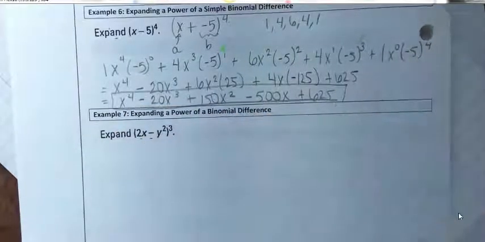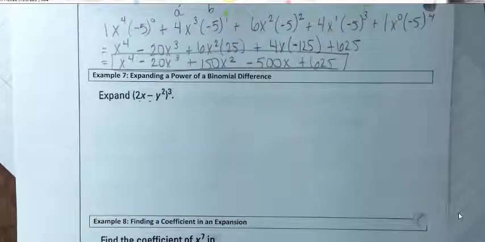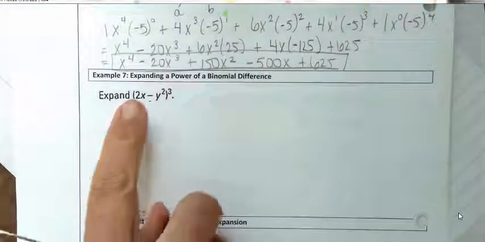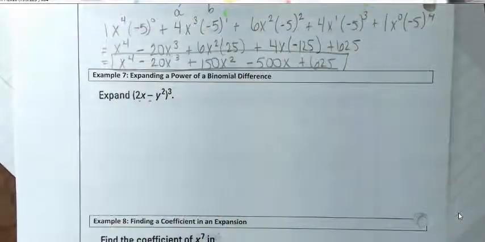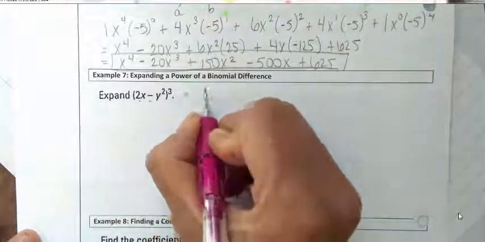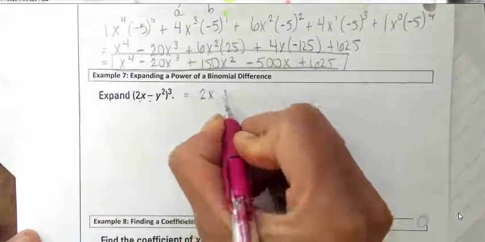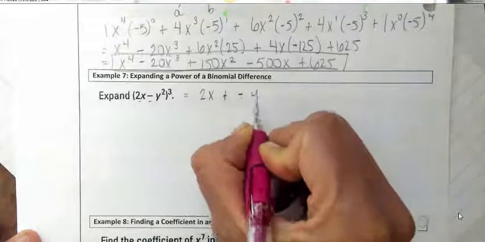Hopefully this isn't too challenging for you. Hopefully you're kind of getting the hang of this. Do one more of these. This time we'll keep the subtraction sign in there. And now both of our terms here, none of them are just to the first power or basically by themselves. So I'm going to first rewrite it so that I can see that this is really the same as 2x plus a negative y squared.